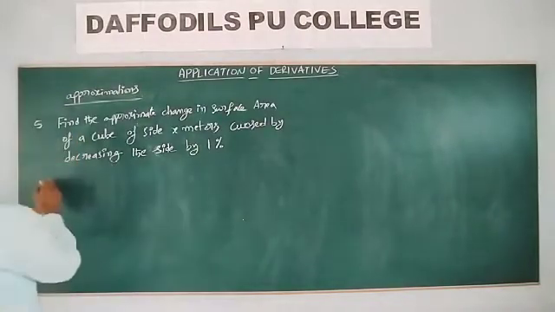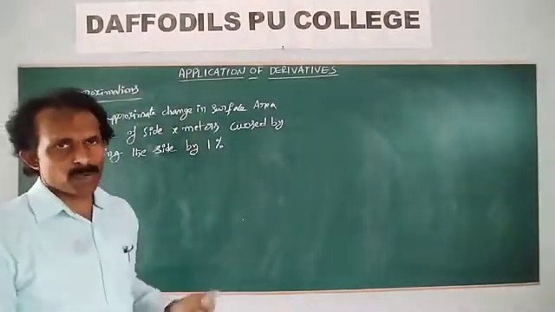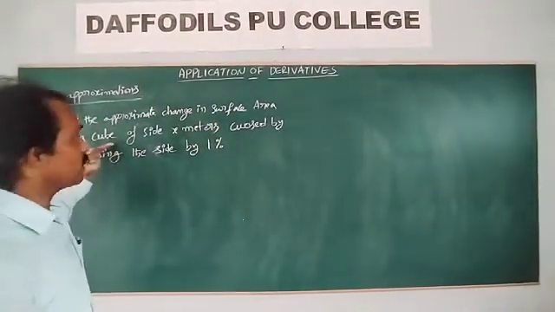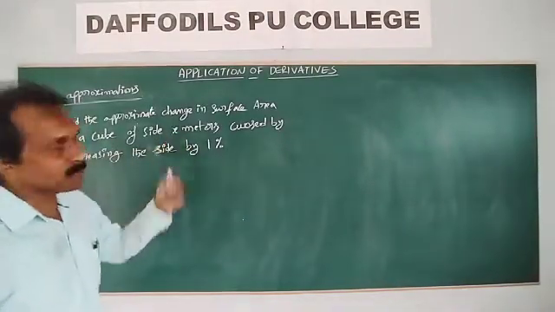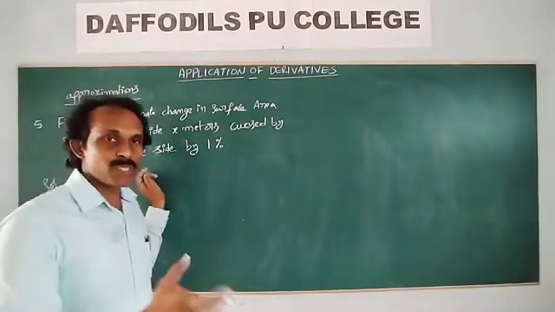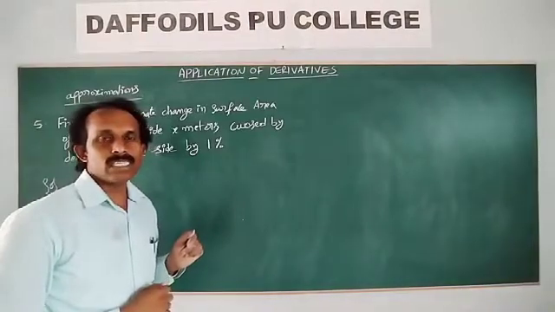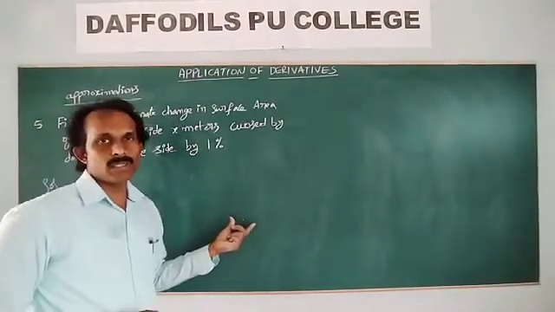Find the approximate change in surface area. Previous problem was change in volume of a cube. Here also it is the surface area of the cube, side x meters. In the previous problem the side was increasing, so a positive value; here it is decreasing, so lesser. Suppose the side is 10 centimeters and it decreases by some change.